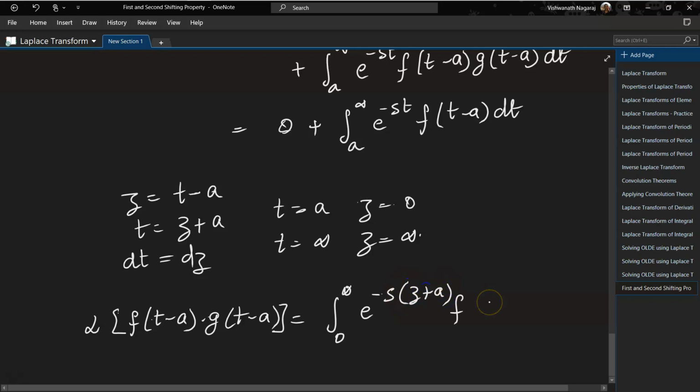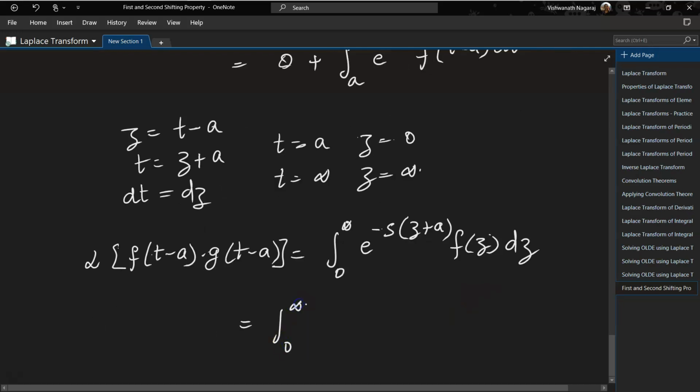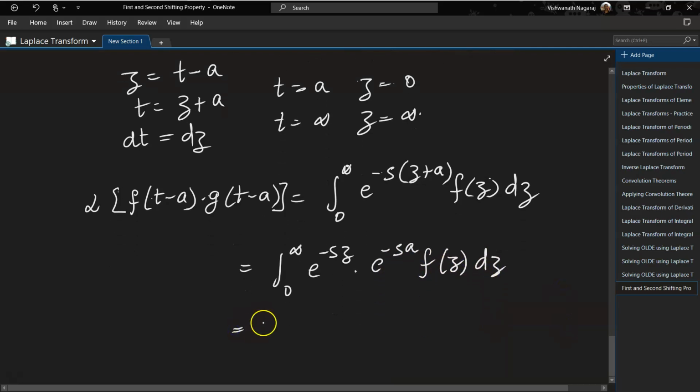F of t minus a is z, dt is dz. 0 to infinity of e to the power of minus sz times e to the power of minus sa f of z dz. And pretty straightforward. Now this is a constant, there is no z involved here, so we can take it out.